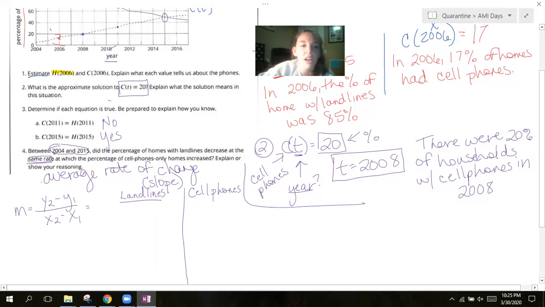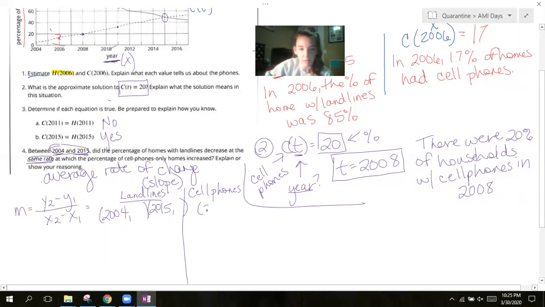So it gives us 2004 and 2015, which, if we're talking about the year, we're talking about the x value. So one of my coordinates I already know is going to be 2004 for my x, and 2015 for my other x.